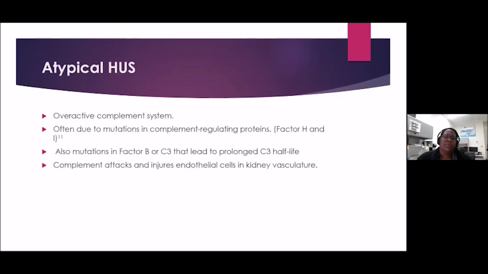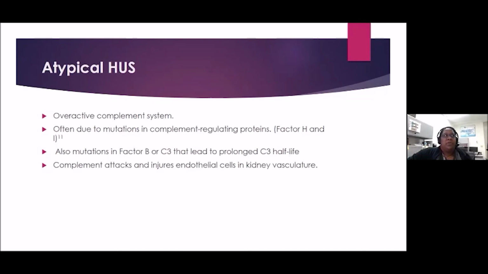So this process is due basically to a complement system run amok. A lot of times it's due to mutations in proteins that actually sort of tamp down the complement cascade. Most of the time it's factor H and factor I mutations, but you can also have mutations in factor B or C3, which actually leads to C3 having a longer half-life.